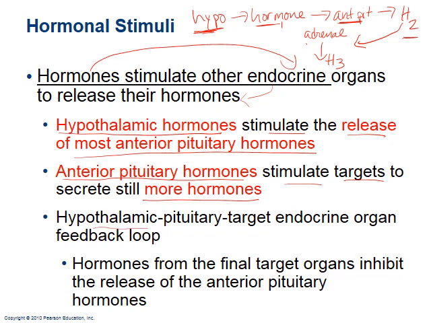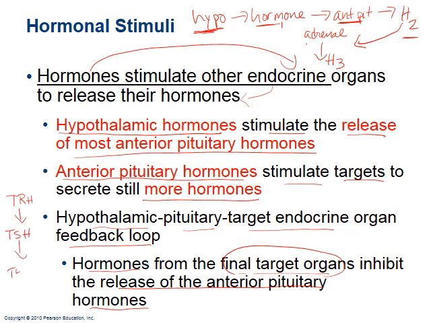So the hypothalamic pituitary target endocrine organ feedback loop. Hormones from the final target inhibit the release of anterior pituitary hormones. We've already seen this. So I said there's this hormone, which then releases this hormone, which then causes this hormone to be released. And if this is high enough, we go back and we shut off these two hormones.